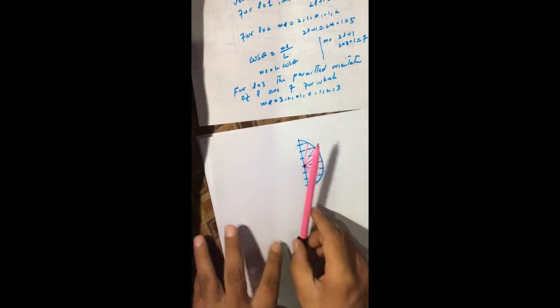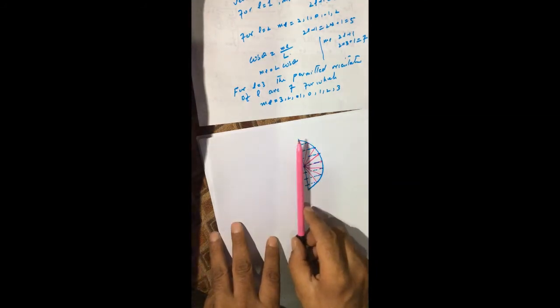These are the possible permitted orientations of L, because L precesses around the magnetic field.